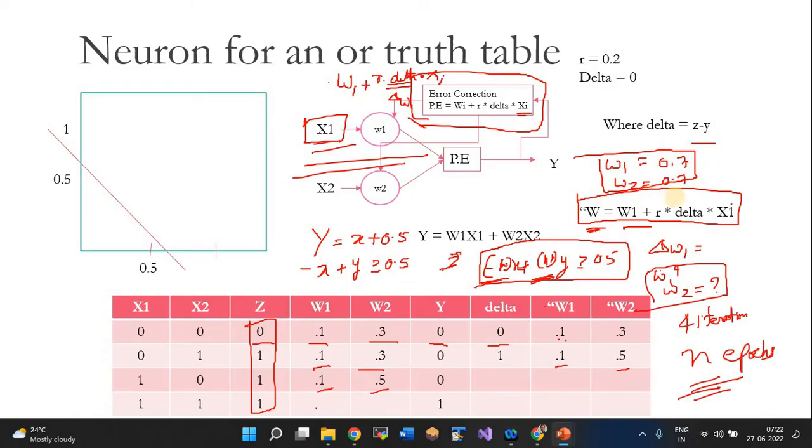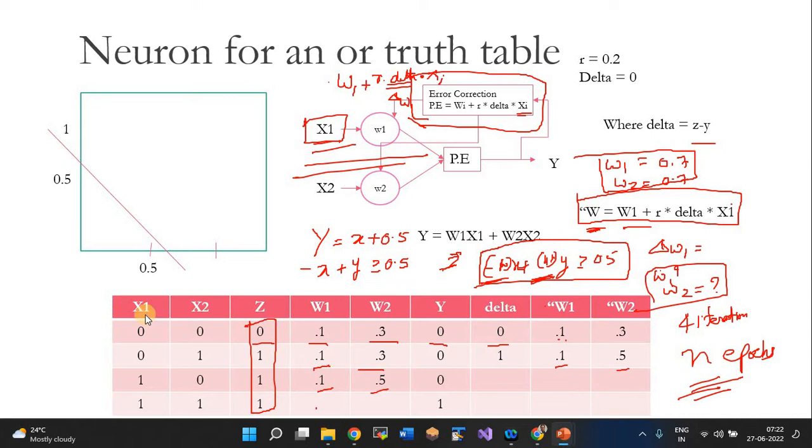I hope you understood. So the neuron for the OR table is done similarly like this, but if you are interested in writing a code like this, you can work on this Python code, and you can write an iteration of 4 or 5 and you will get the answer as 0.7 and 0.7.